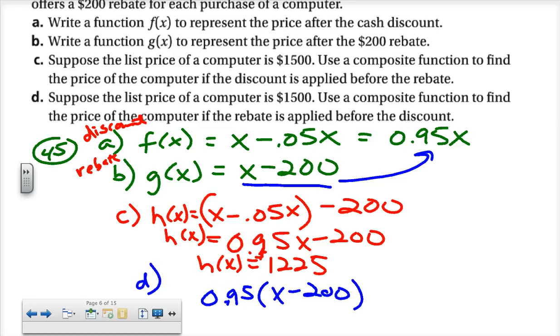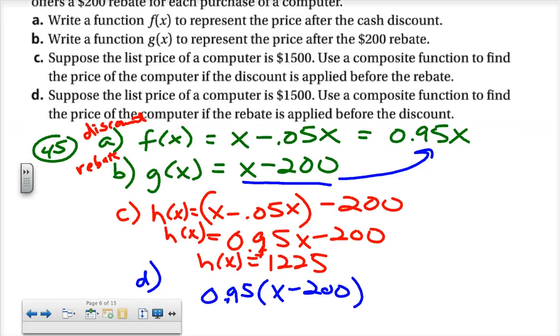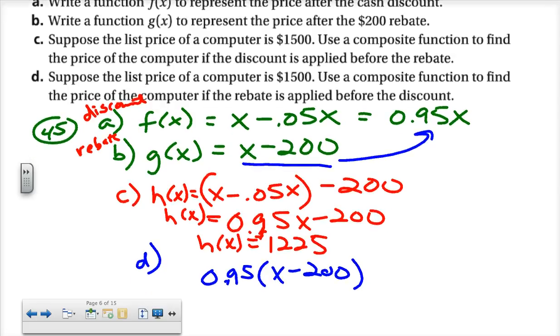And we could distribute that, but again, they're not asking us to call this another composite function at this point. So I'm just going to call this g of x, and we can absolutely just put the 1,500 in here and follow the order of operations. So 1,500 minus 200 is 1,300, so 0.95 times 1,300 will give us $1,235.